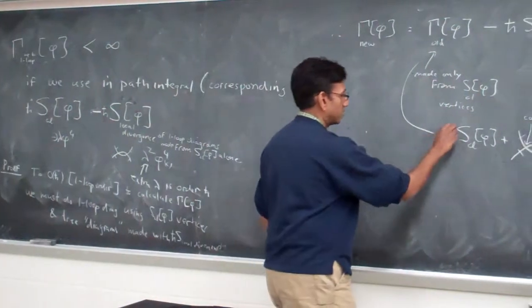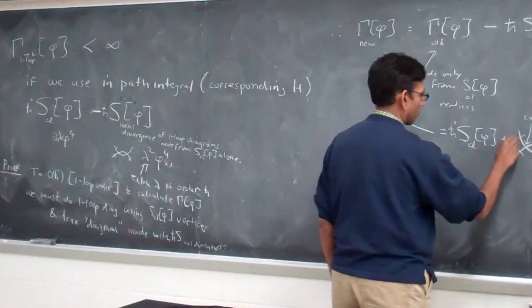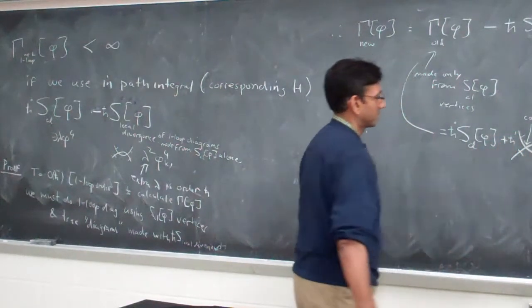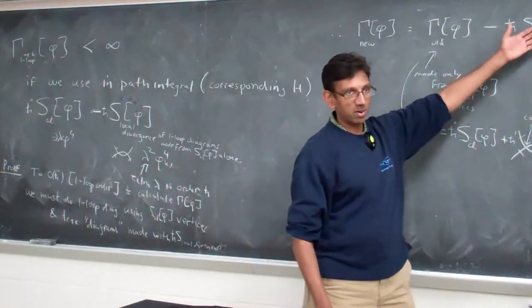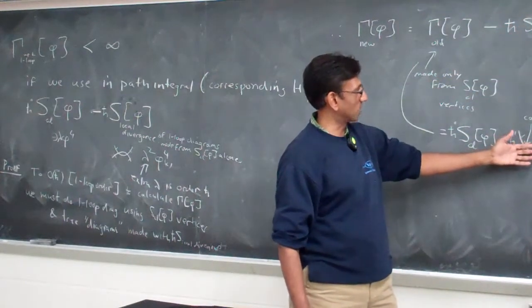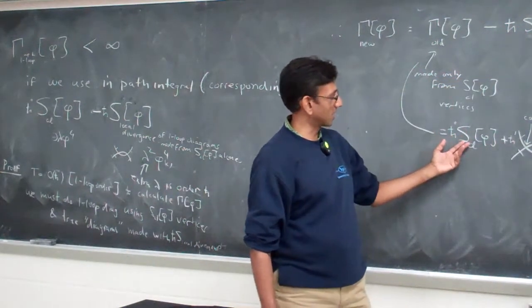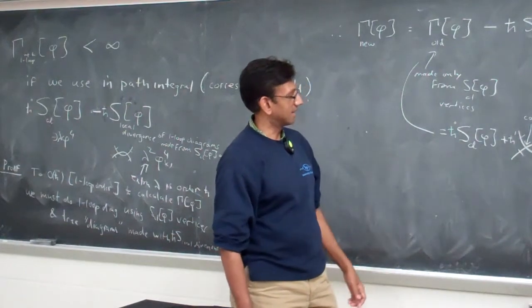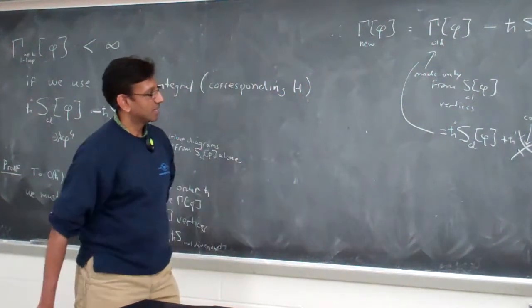So this will be h bar to the 0, this will be order h bar to the 1, and this is already h bar to the 1, so I can't afford to make loops out of it, but I can make it go for the ride just like this, and that's it.